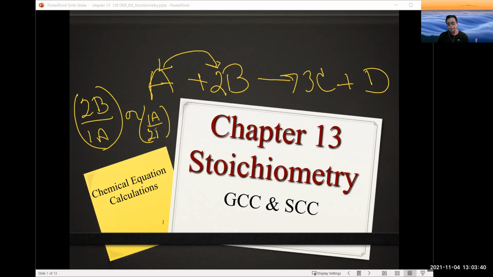Then we talked about the ratio between the reactants and the products. So the relationship between, say, B and C is 2-to-3, and between B and D in this case is 2-to-1. That is true also with A: we have a relationship between A and C, and A and D, and we also have a relationship between the products themselves.